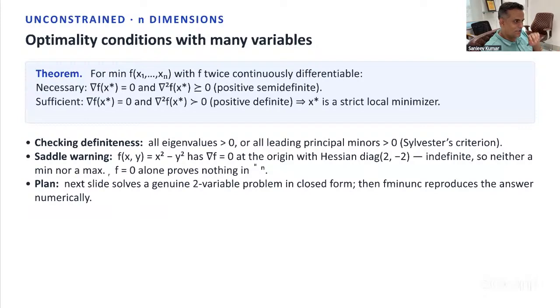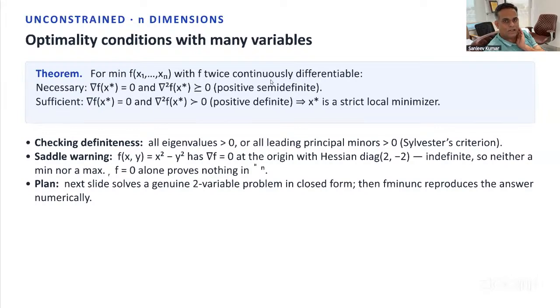So we have necessary and sufficient conditions in the case of a one variable function. Now if you want to minimize or maximize a multiple variable function, your problem is a vectorial optimization. For minimizing f, which is a function of variables x1, x2 up to xn, it should be twice continuously differentiable.